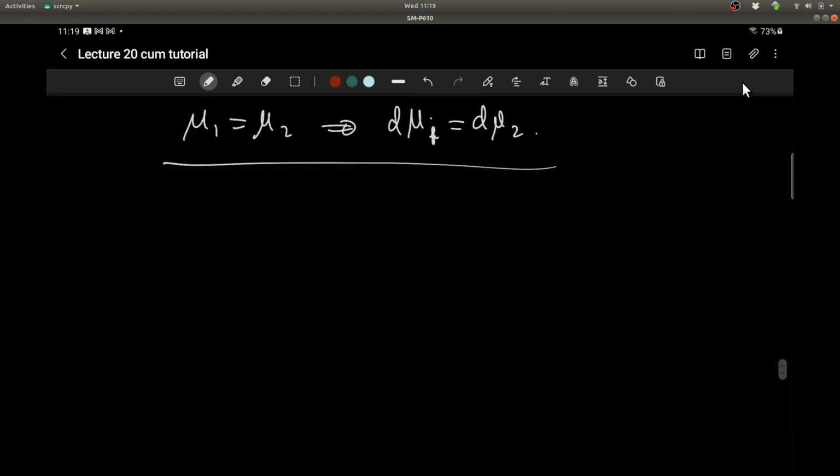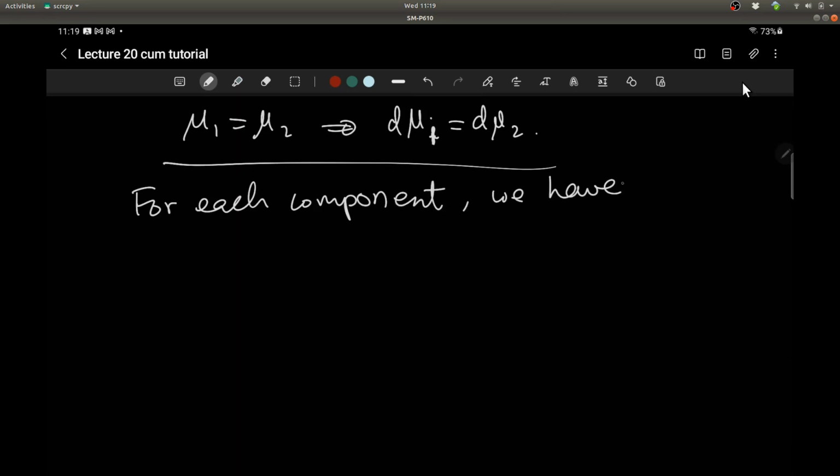In fact, for each component we have that thing holding, so let's just write it. Where was the minus?